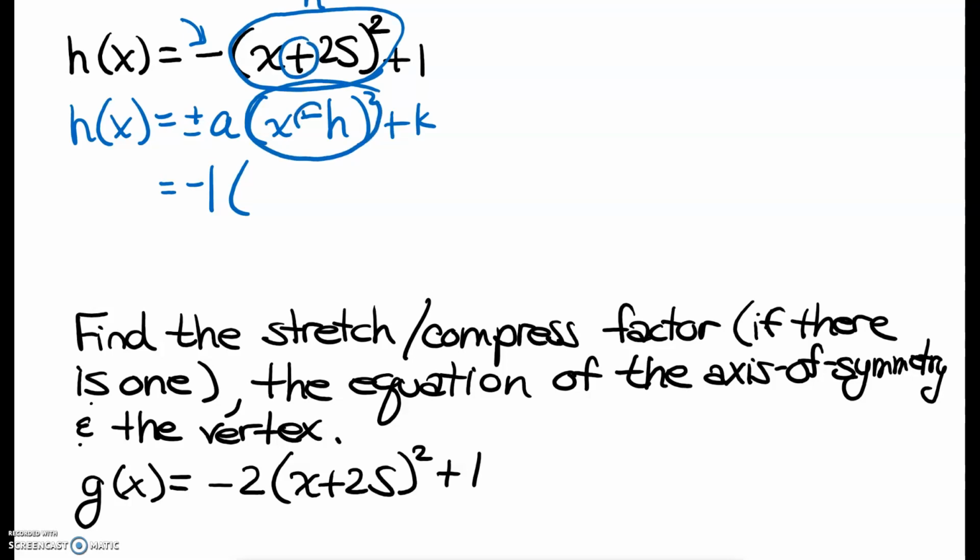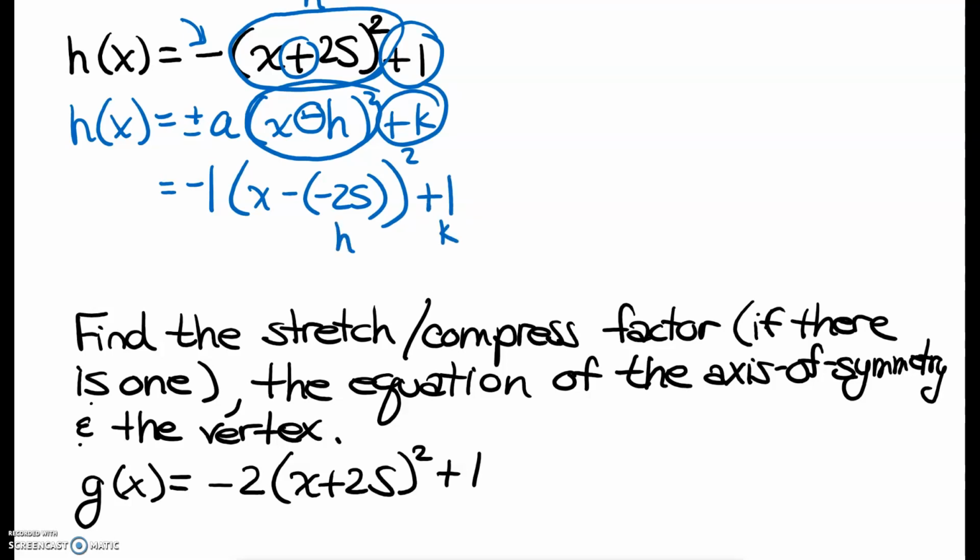This is a plus, but I need a minus, so I'm going to change that to a minus. That's a plus 1, and I need a plus, so I just added here. Here's my h, here's my k. h equals negative 25, k equals 1, so my axis of symmetry has an equation of x equals negative 25.